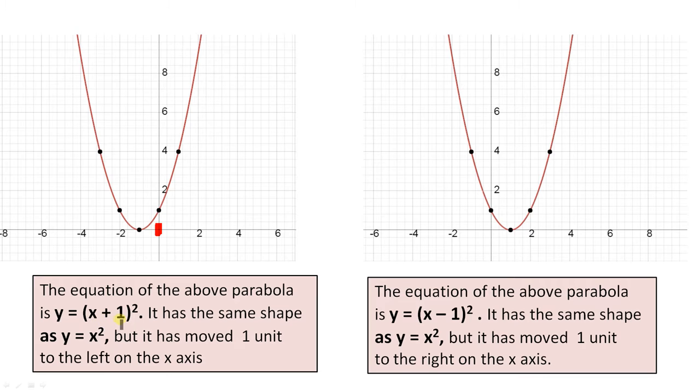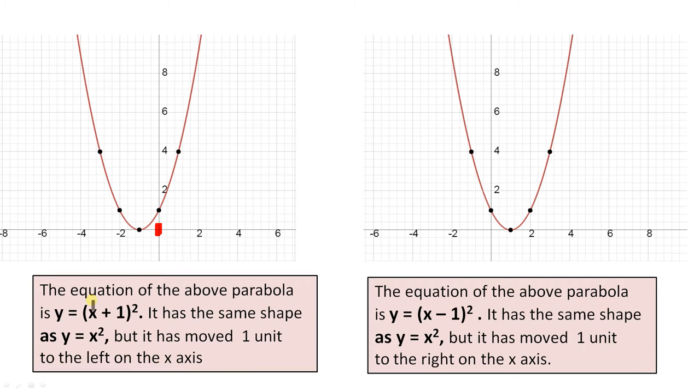Now this change here, all that's done, it's moved the parabola 1 place to the left. So it has the same shape as y equals x squared, but it has moved 1 unit to the left on the x-axis. And that's what's happened there.